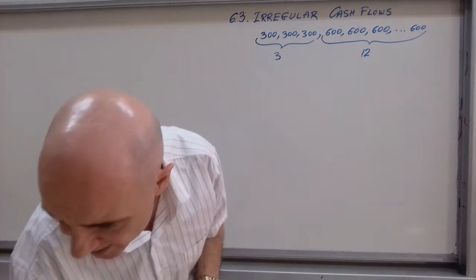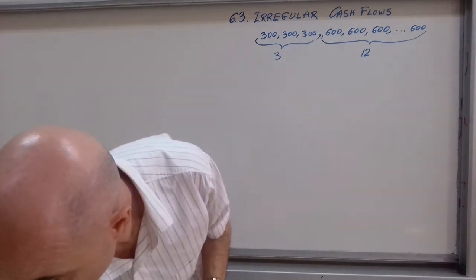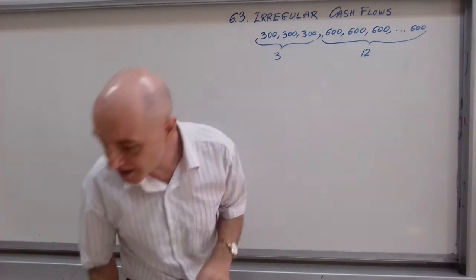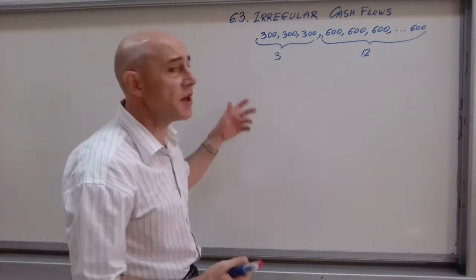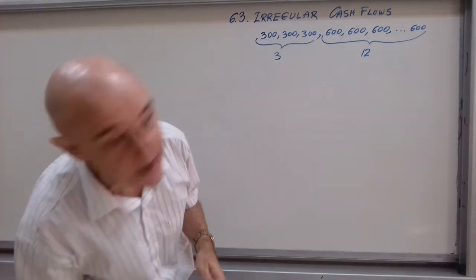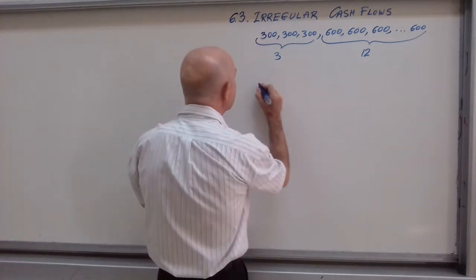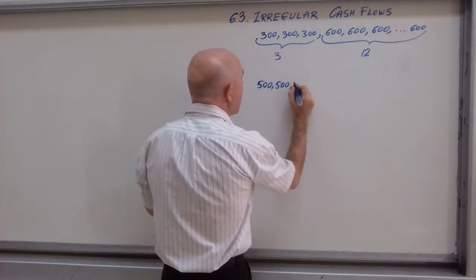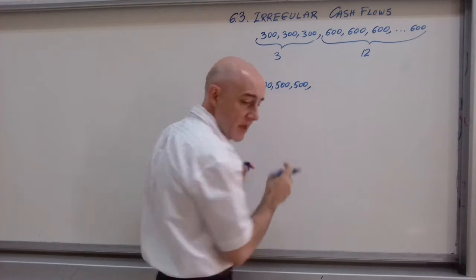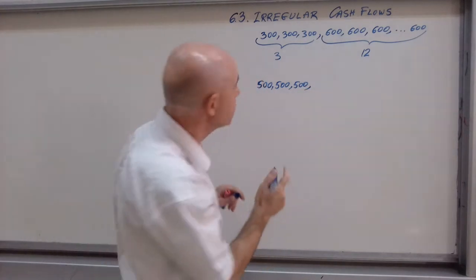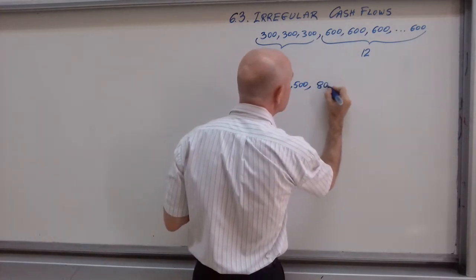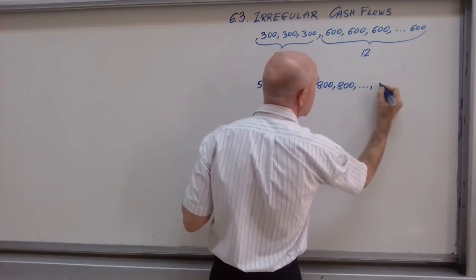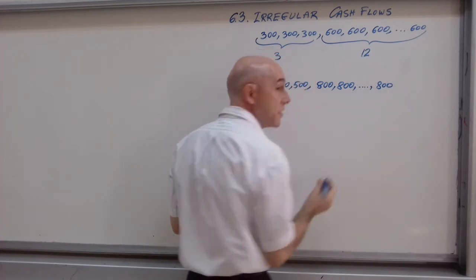Let me see what else they got. Okay, well, that's page 193. And on 193, when you look, they have a payment similar to what I did, which is 5, 5, 5, and then 8, 8, 8, 8, 8, dot, dot, dot, 8.